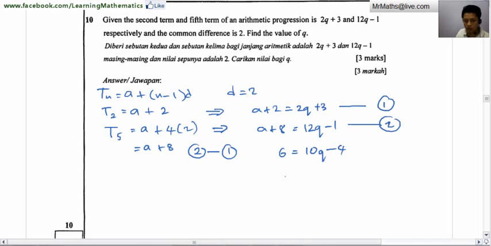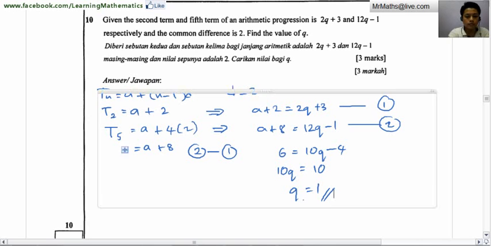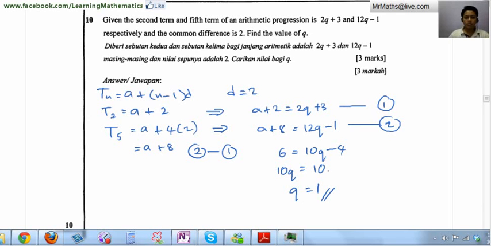Then 10q is equal to 10. Then q is 1. That's the answer. Question number 11.